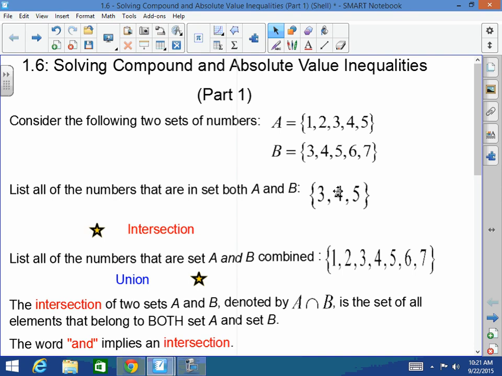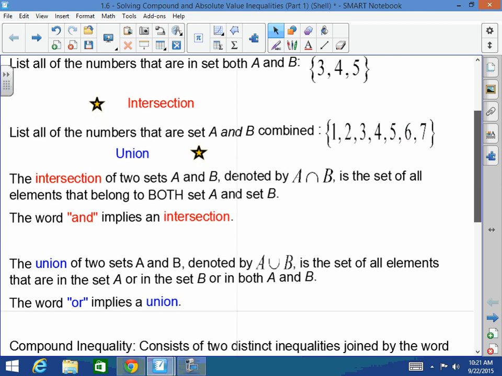An intersection of two sets, A and B, or however many sets, is denoted by A and then this upside down U, then B. That means that there was an intersection, okay? And this is the set of all elements that belong to both sets A and B. The word "and" implies an intersection.